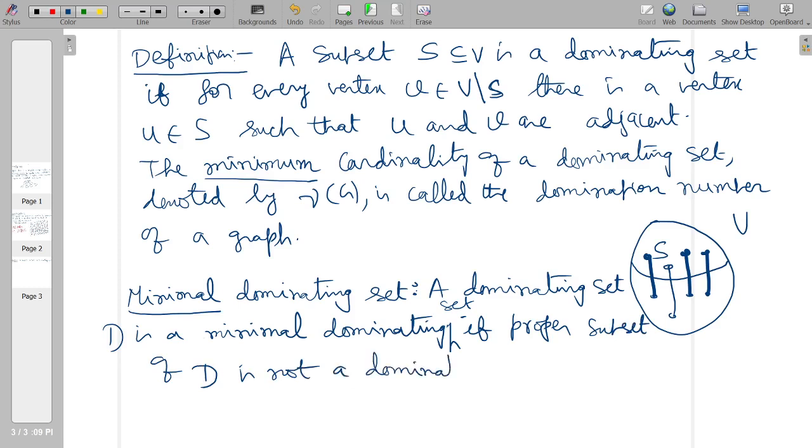If I take a subset of the dominating set, that should not be a dominating set. Such a dominating set is called the minimal dominating set.